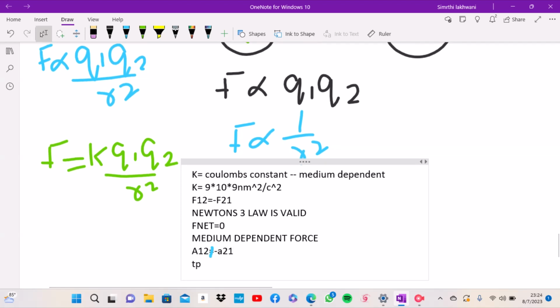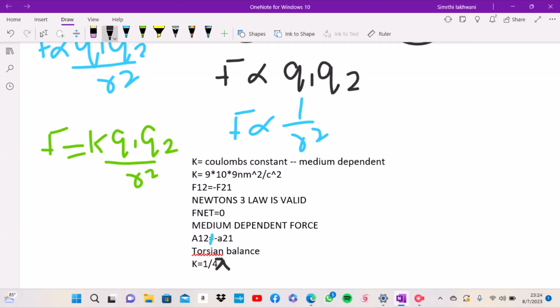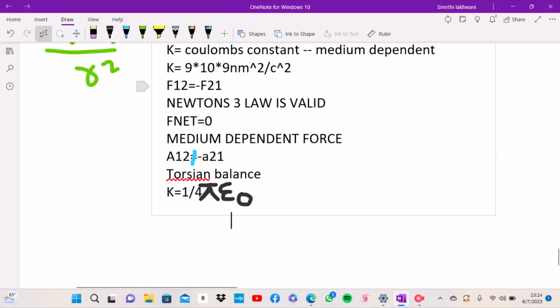Basically, the value of K is calculated by torsion balance. There is another value of K, which is determined through the formula K equal to 1 upon 4 pi epsilon naught.